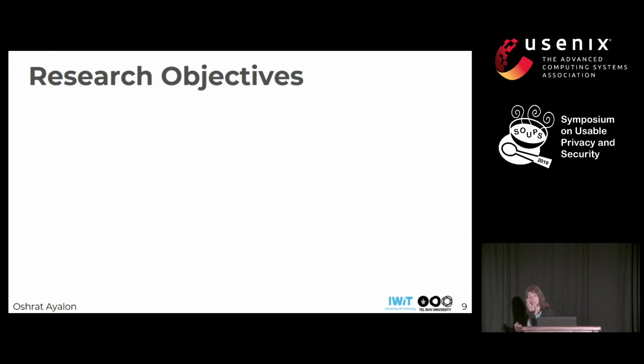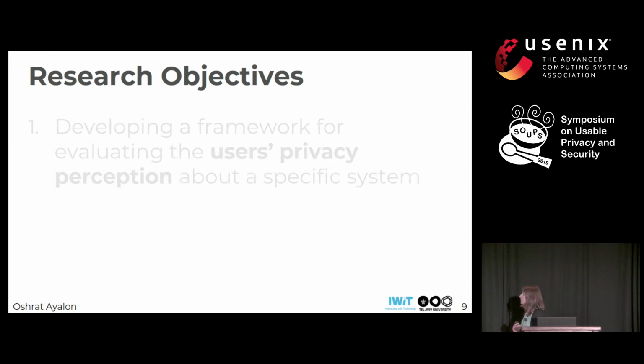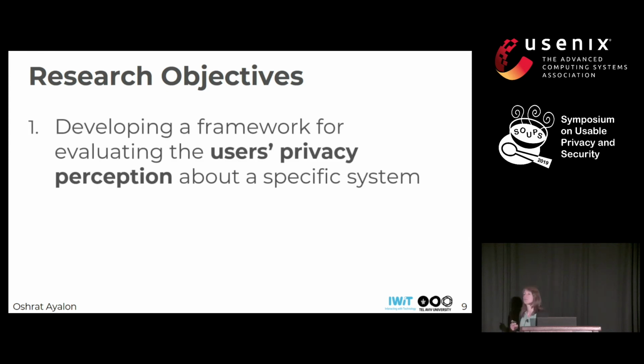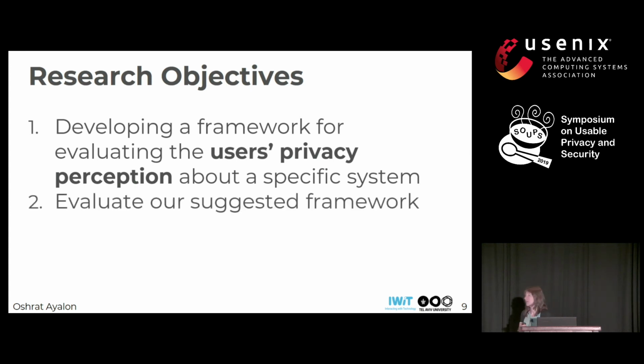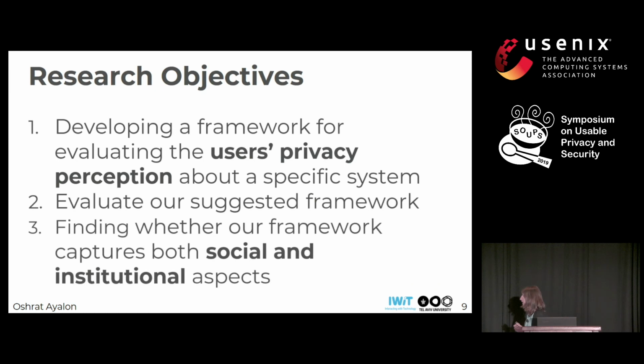So just to be formal about our research objective, we want to find a framework to evaluate users' privacy perceptions of a given system, and you will see that this framework consists of a dedicated scale and conducting A/B testing. Next, we want to evaluate our suggested framework, and last, as we know that there is a difference between institutional and social privacy, we want to know whether our framework is applicable for both cases.